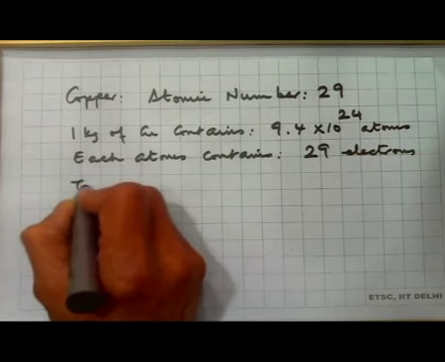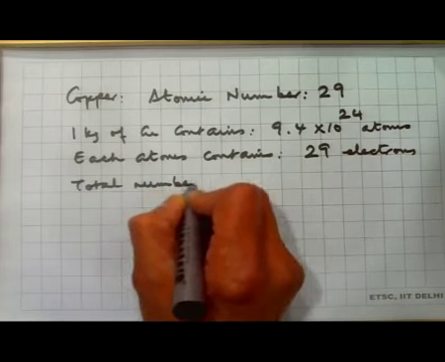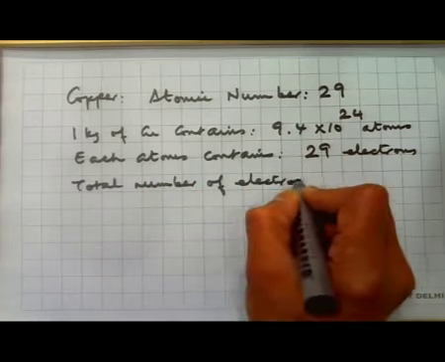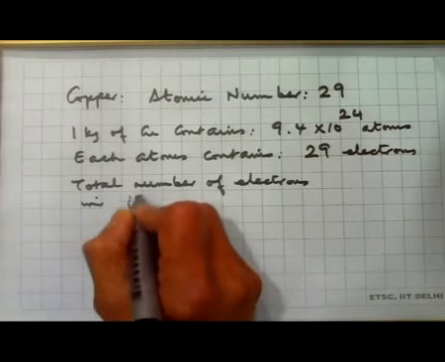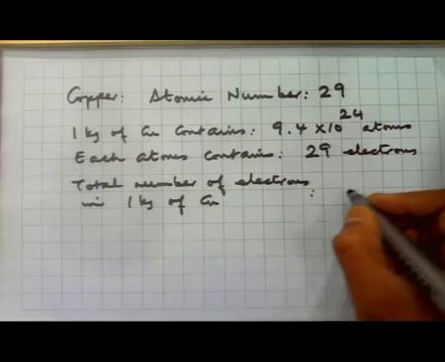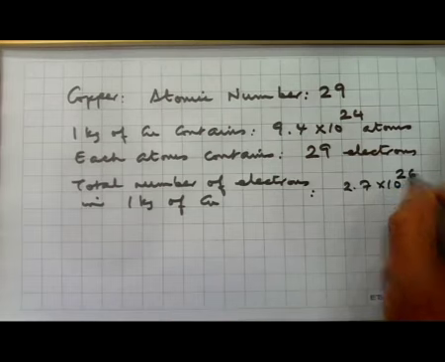So, the total number of electrons in 1 kilogram of copper comes out to be 2.7 into 10 to the power 26.